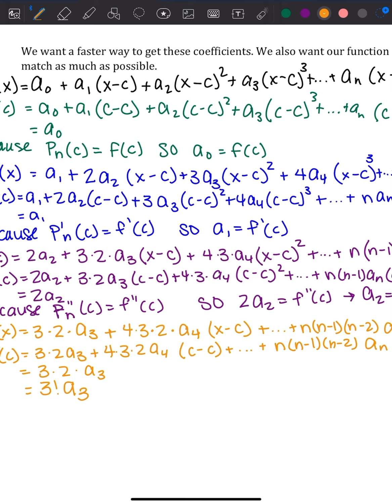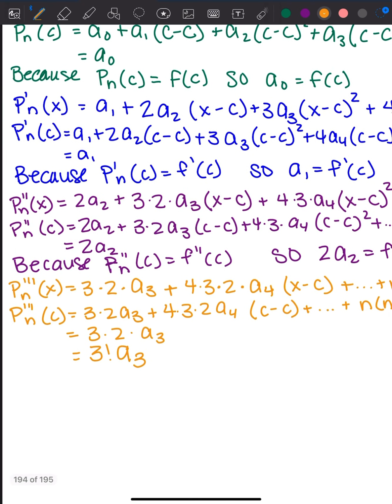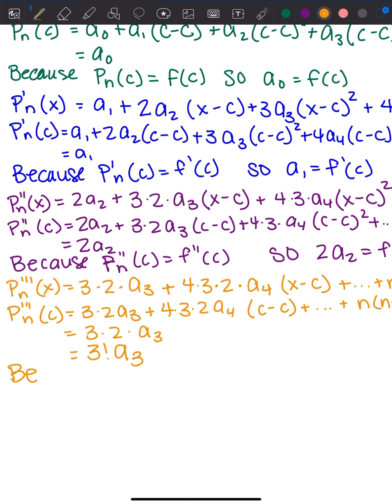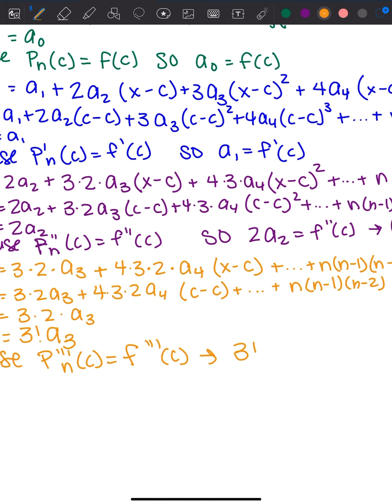And because p triple prime n of c, we want it to equal f triple prime of c, we're going to say that 3 factorial a sub 3 is equal to f triple prime of c.